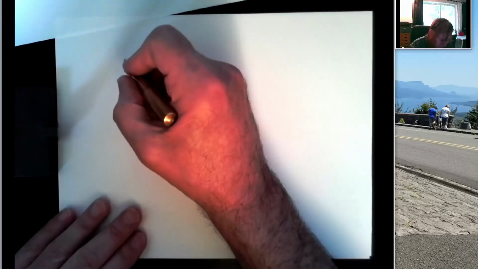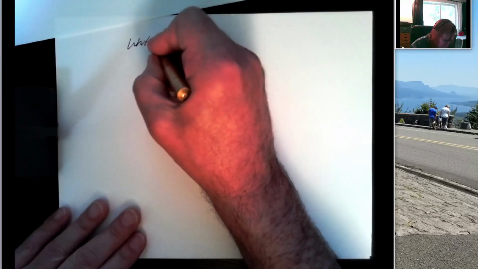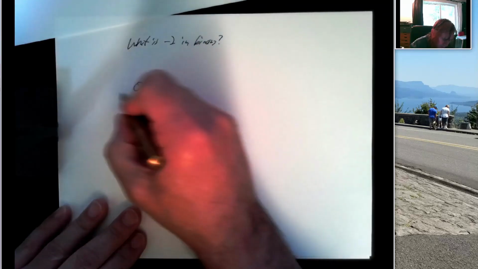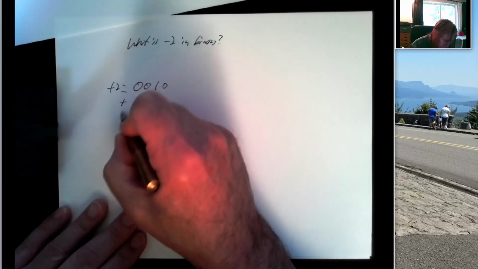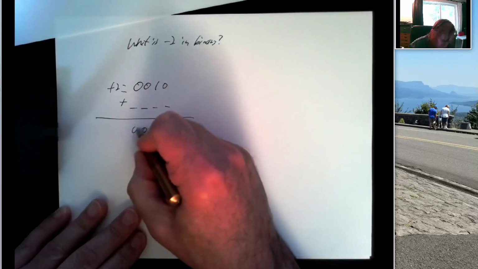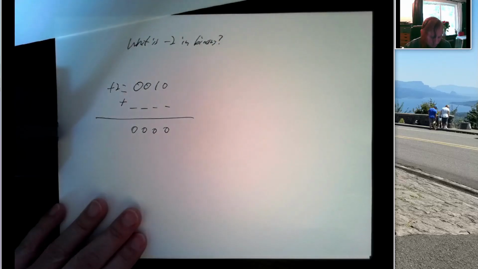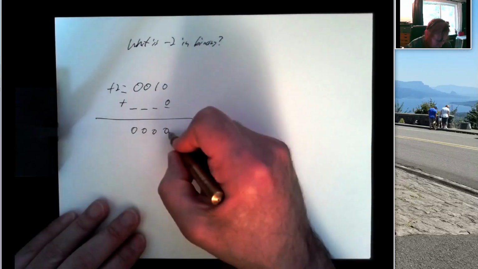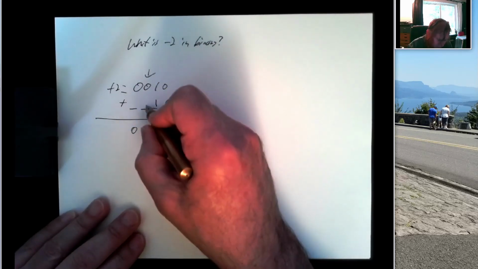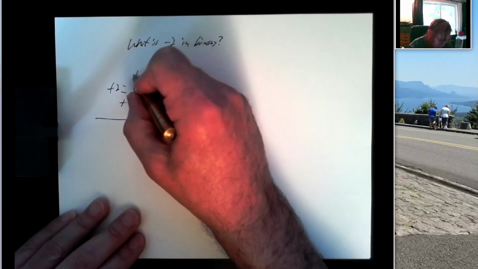So let's try that again. Let's say, what is negative 2 in binary? Well, let's write the number 2, and then we want to add something and end up with all zeros. Well, 0 plus 0 will get us 0. 1 plus 1 will get us 0 with a carry of 1. 1 0 plus 1 will get us 0 with a carry of 1.